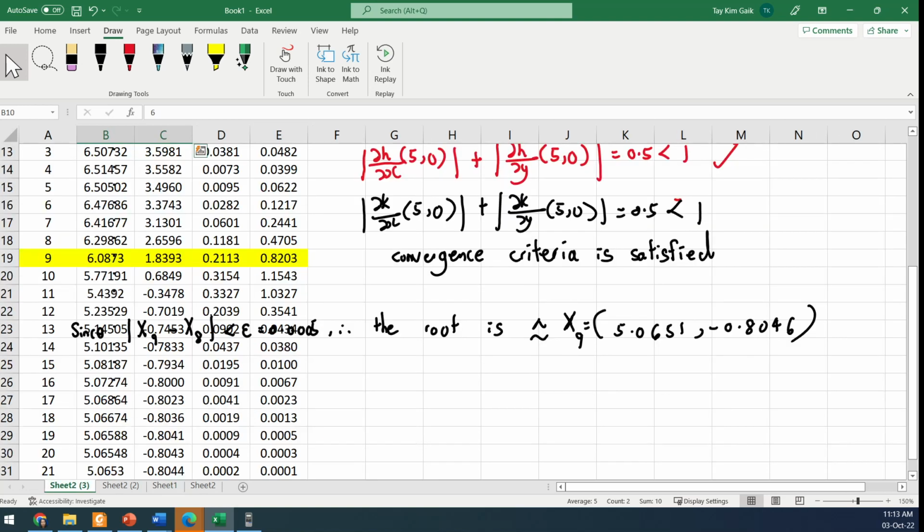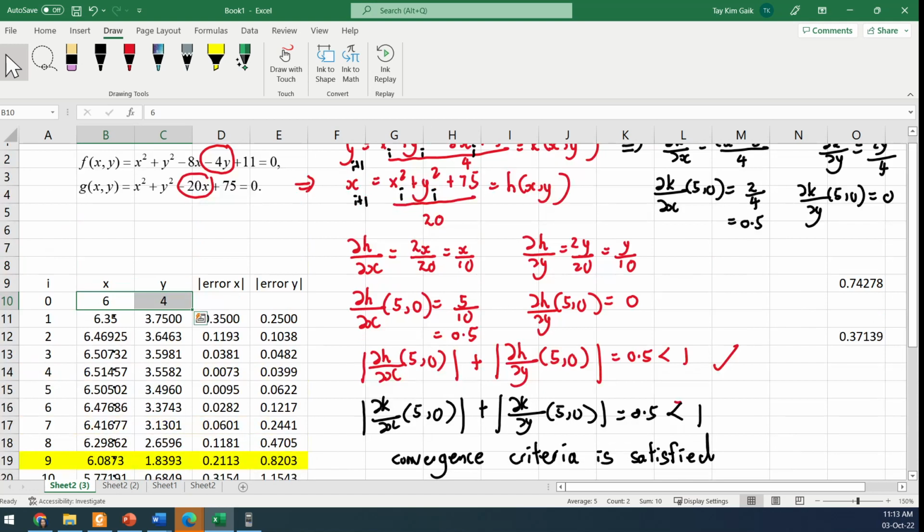For fixed point, the formula is easy to plug in, but not easy to get the correct formula. Like here, we tried 3 times, then only we got the correct formula.